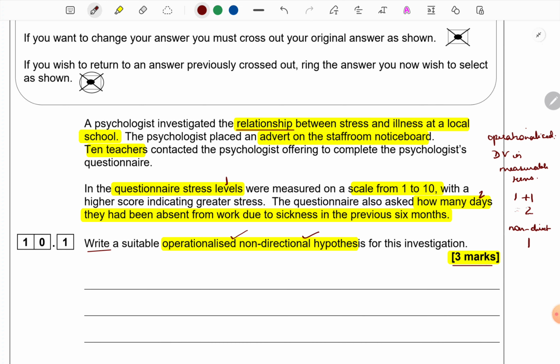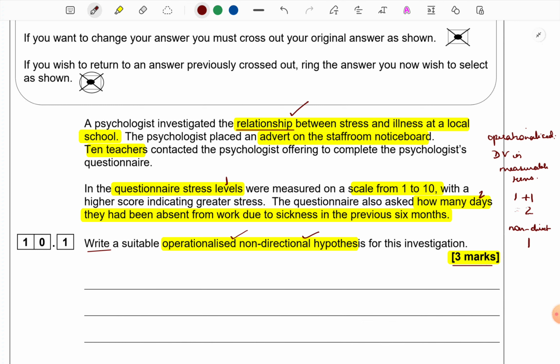This is a correlation question which we understand from the word relationship. Correlation questions are different from experimental questions, especially when it comes to hypothesis. In an experimental hypothesis, we would speak about the difference between two groups. Here, we would speak about the relationship between two variables.